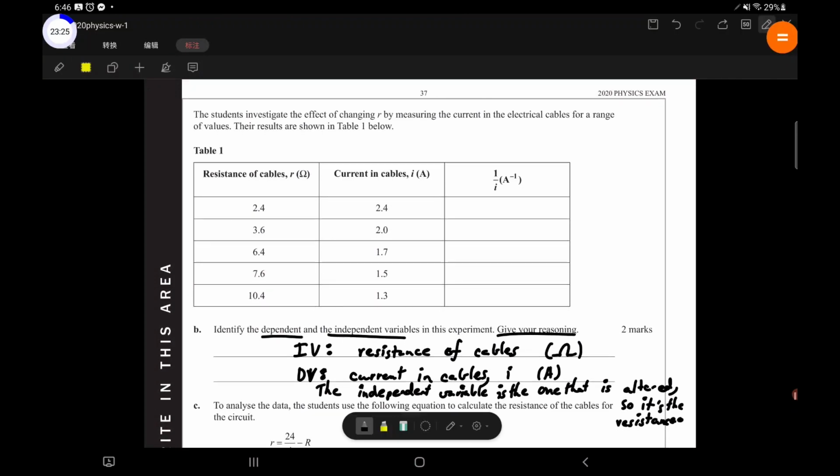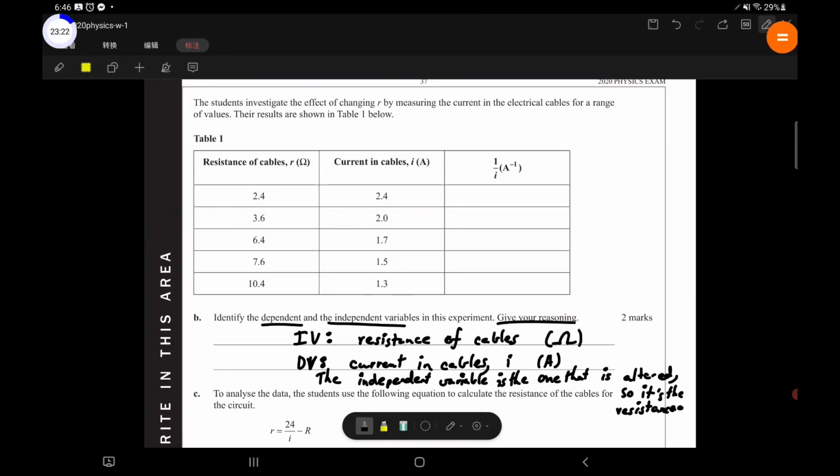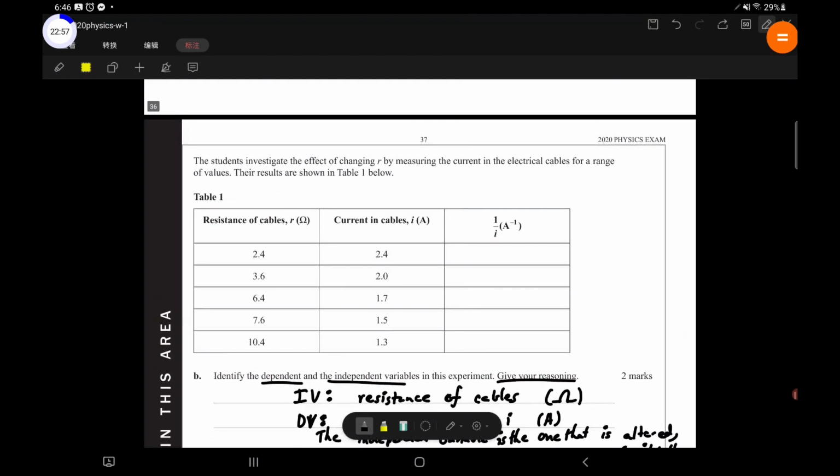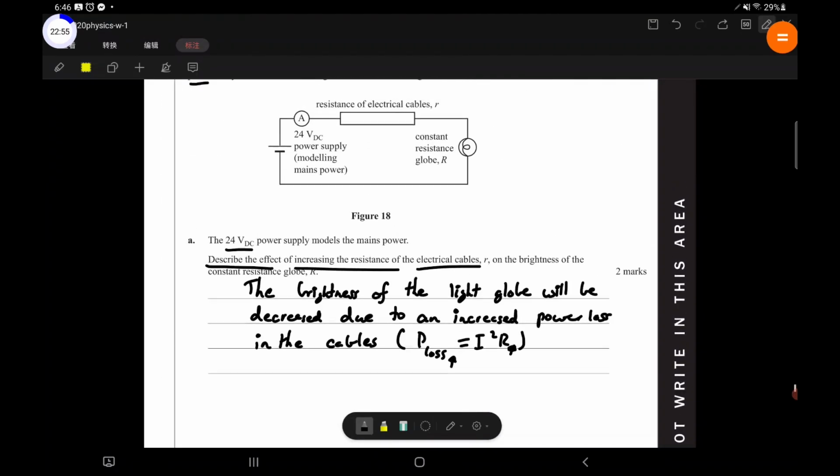All right, so do I have to fill in the table? Oh, that's part D. Okay. To analyze the data, the students use the following equation to calculate the resistance of the cables in the circuit. Show that this equation is true for the circuit as shown in Figure 18. So we have a connection between the resistance in the cables that we are changing and the current in the cables.